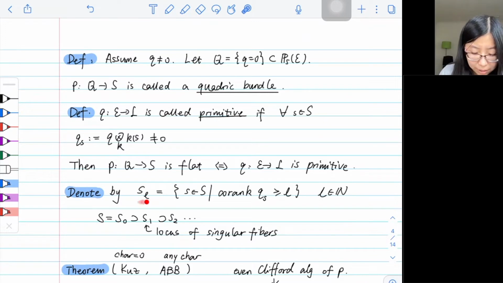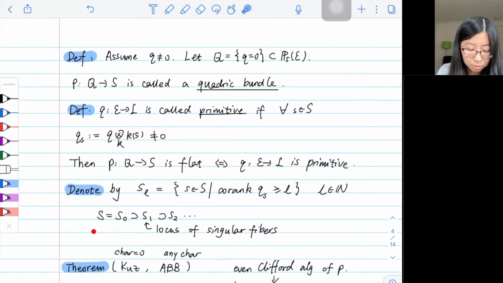We'll say S_l to be the locus in S such that the corank of the fiber is at least l, where l is some natural number. So of course, S_0 would contain the whole locus, and S_1 would be the locus of singular fibers. But you want to be more precise, so you also have S_2 where the fibers have corank at least 2, etc.